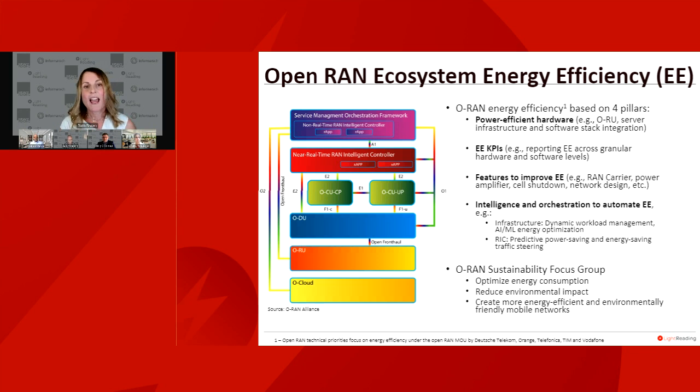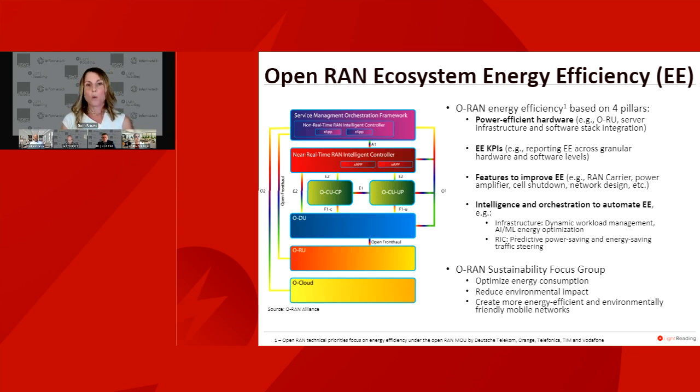O-RAN already has energy efficiency focuses, and it's based on 4 pillars. These include energy efficient hardware, energy efficiency KPIs to document the energy usage, and specific features to improve energy efficiency, such as network design, cell shutdown, etc. There's also an aspect around intelligence and orchestration to automate energy efficiency.